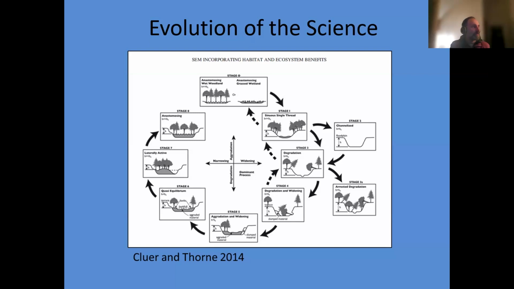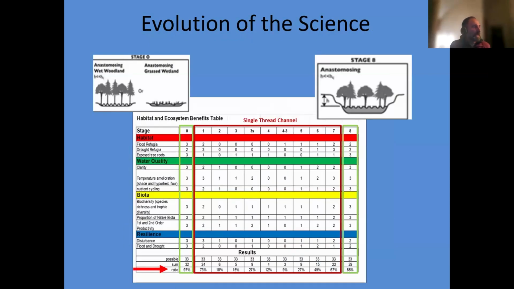And one of the really interesting things that they did in this paper is they looked at the habitat and ecosystem benefits associated with the different stages of channel evolution. And they came up with this ecosystem benefits table. What you see across the top are the different stages of channel evolution.